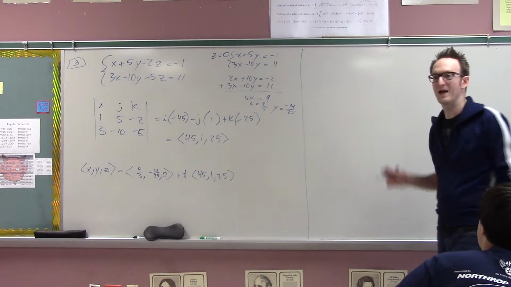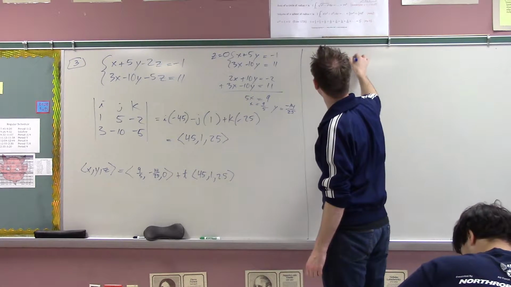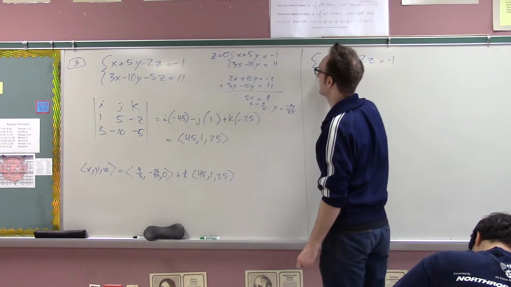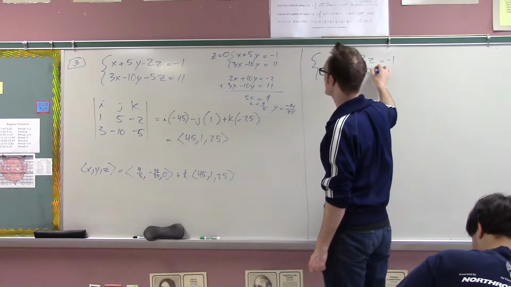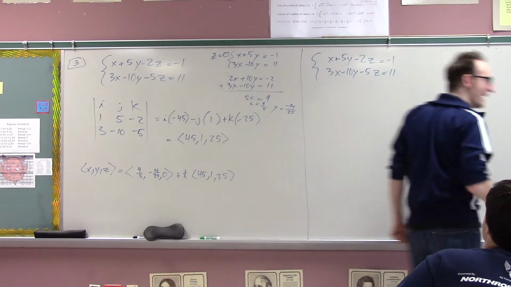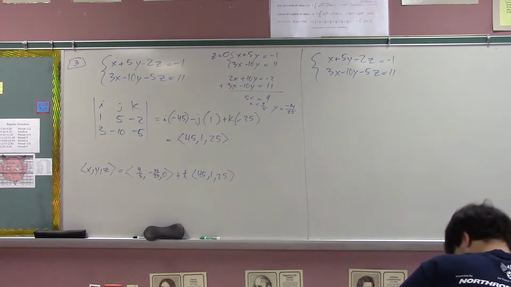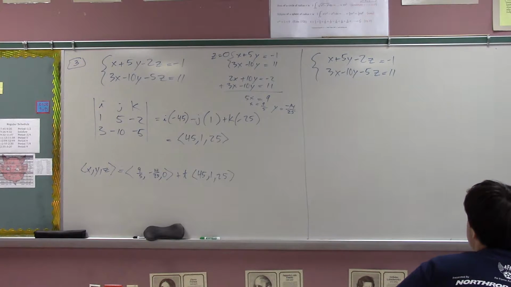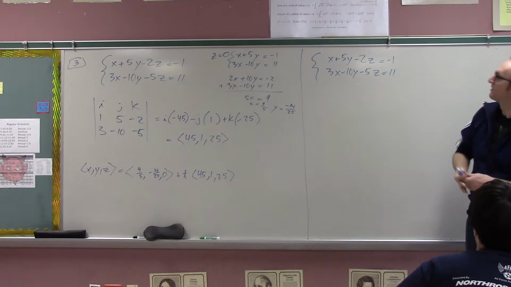So another way to solve this same problem: take this plane, x plus 5y minus 2z equals negative 1, and 3x minus 10y minus 5z equals 11. Now just treat these like solving a system.